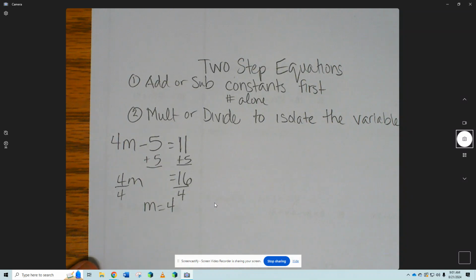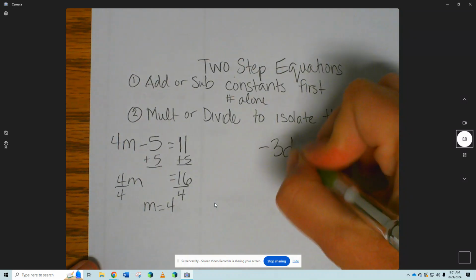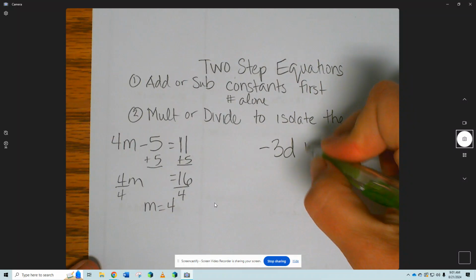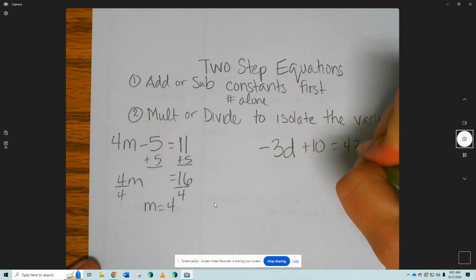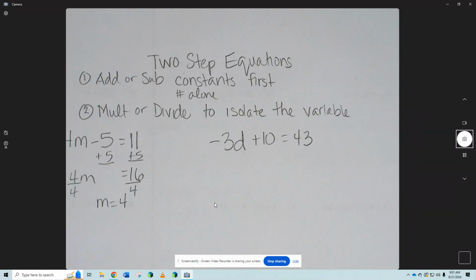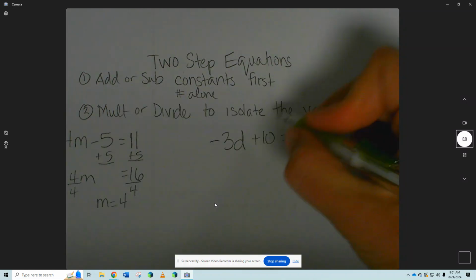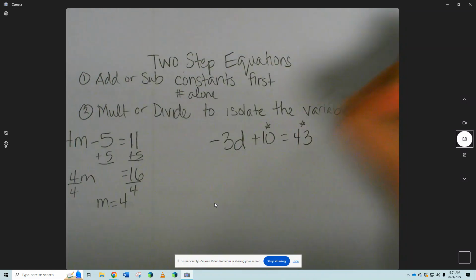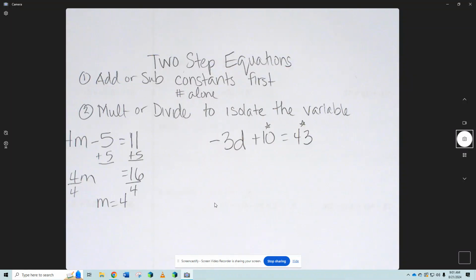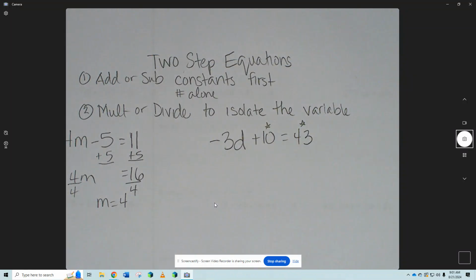Let's put a negative in there. Negative 3d plus 10 equals 43. Constants. Put those together first. The 10 and the 43. Do you want to add 10 to both sides or subtract 10 from both sides?